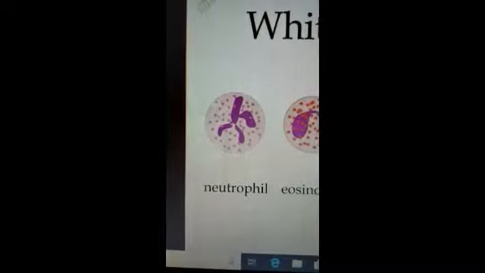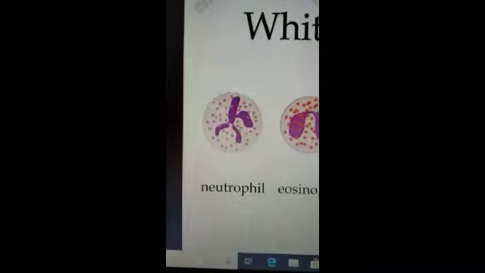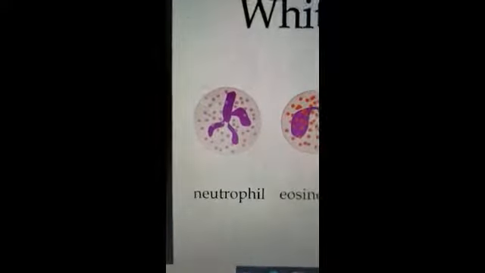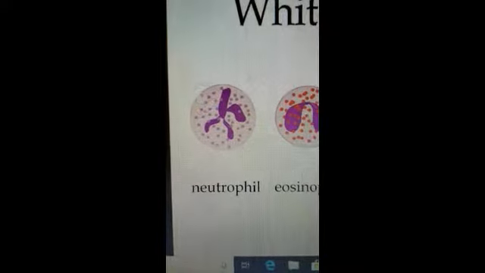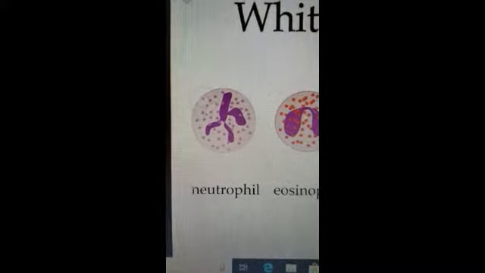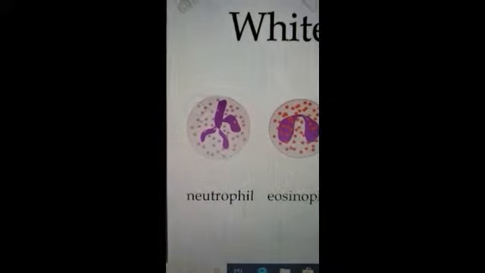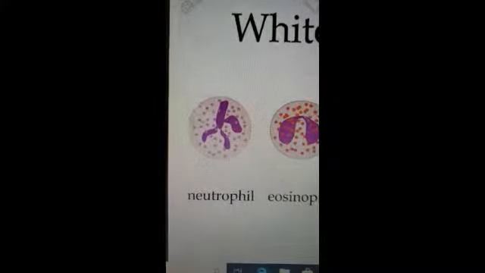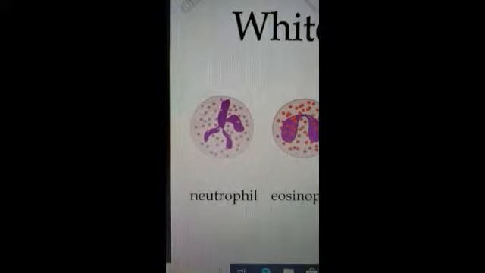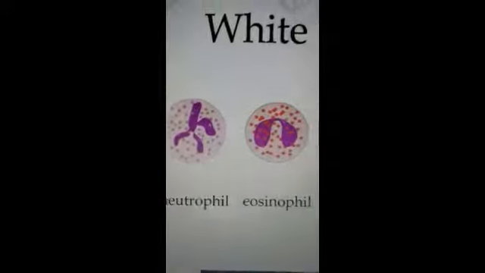Our mature neutrophils are kind of segmented like this. We could also have our young neutrophils, which we call band neutrophils, that kind of have a C shape or like a rainbow shape. And neutrophils can present with infection or some inflammation in the system if you're seeing a lot of them.